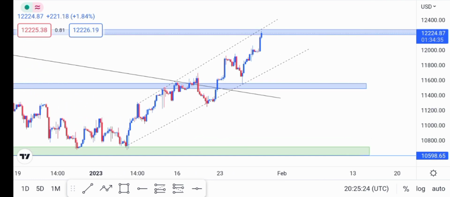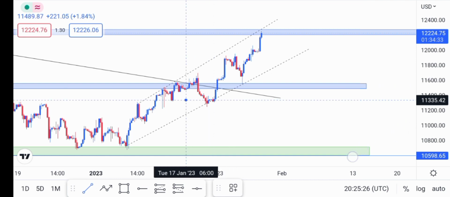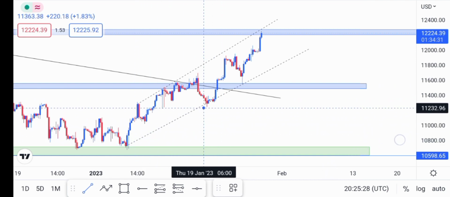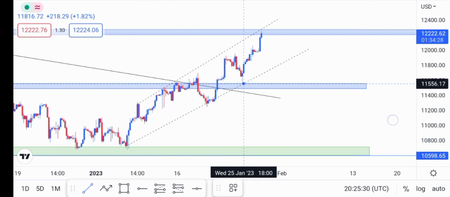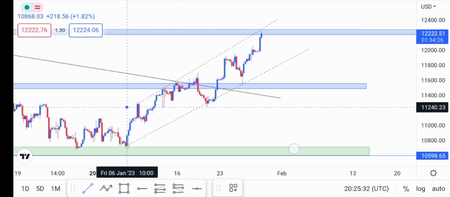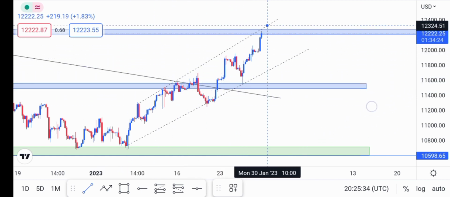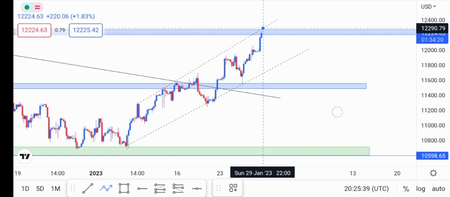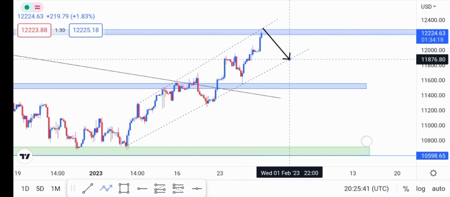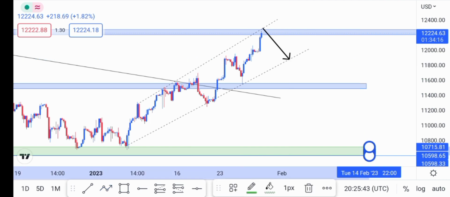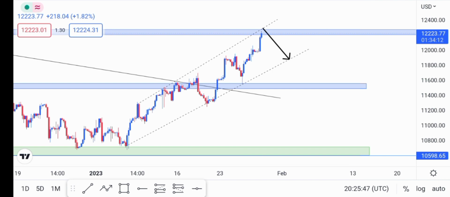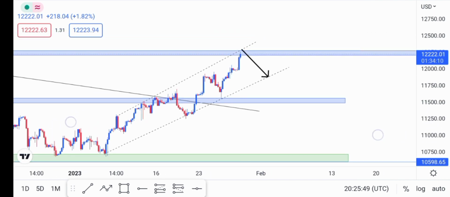So in this area here, we have our first touch, second touch, third touch, right? Okay, here our first touch, second touch, and we're anticipating a third touch right over here. And we had this level here, so it could be a possible movement on NAS100 pushing to the lower side until here. So this could be the possible scenario that could happen before the market pushes to the upper side or keeps on going to the lower side.